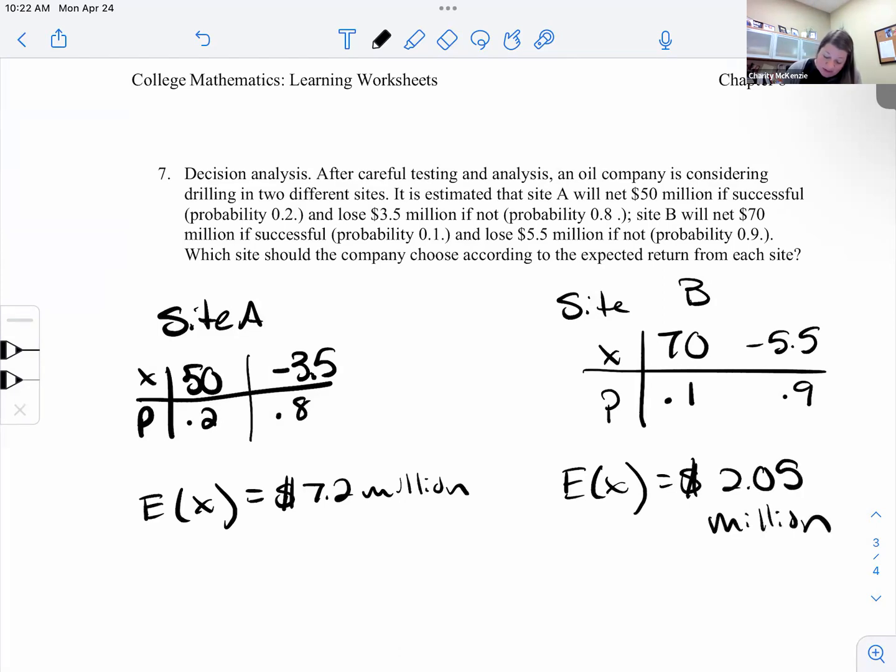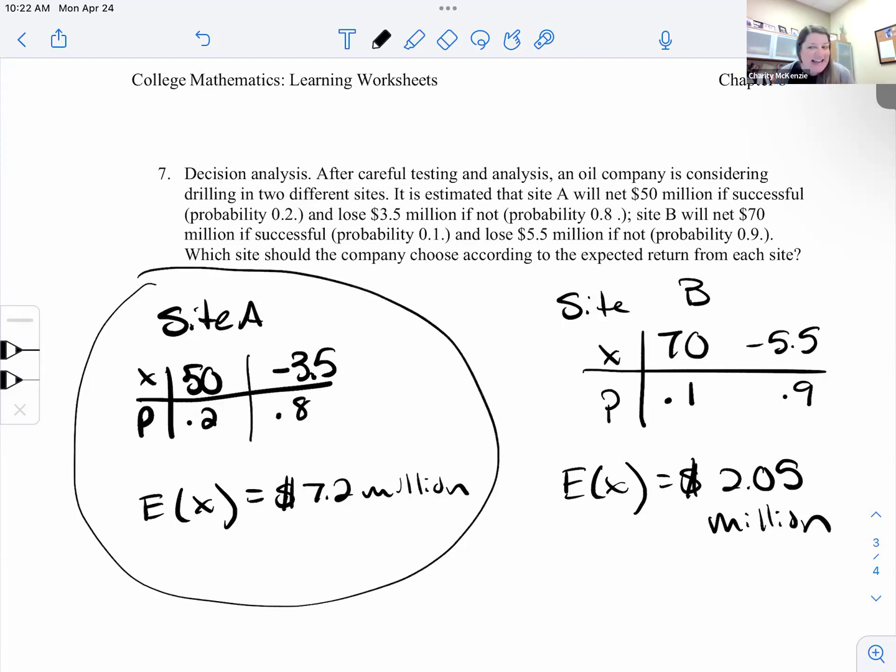So you're way more likely to make money off of site A because it had a higher expected value overall. All right, that's what I got for this section.